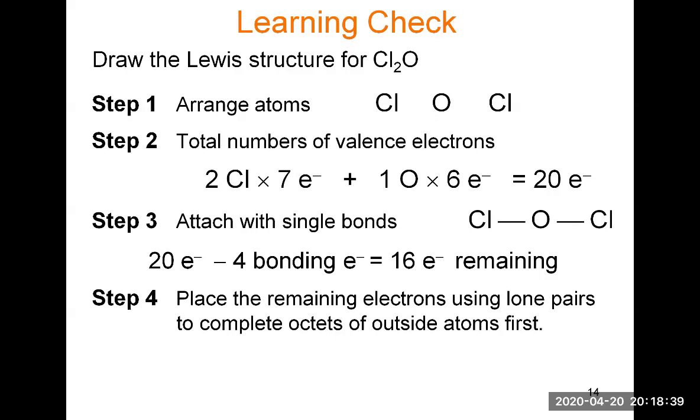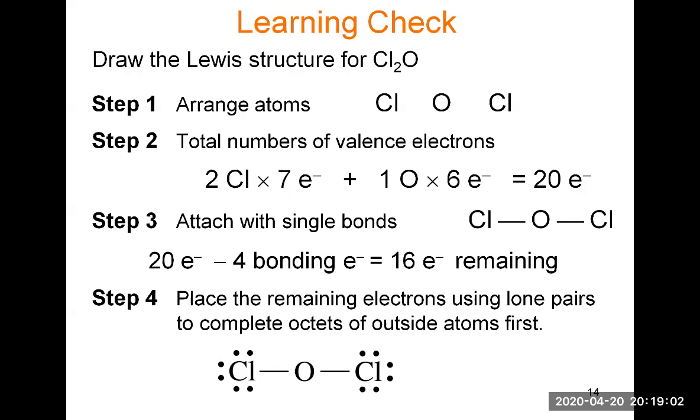They need 8. So you need to give them 3 lone pairs, which means 6 electrons, plus the 2 from the single bond that will make octet for the chlorines. When you do that, you are using 6 plus 6, 12. So 16 minus 12, you still have 4 electrons.